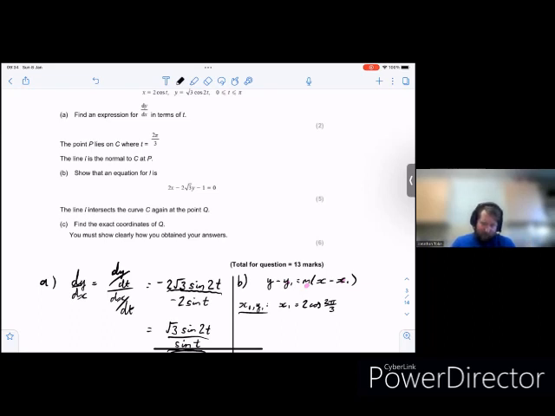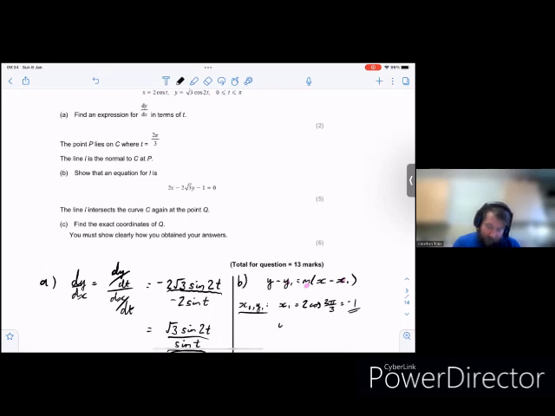Cos of 120 degrees, I think, is it minus? Let's just work it out. Cos of 120 is minus 0.5. Oh, and it's 2 times that, so we get minus 1.